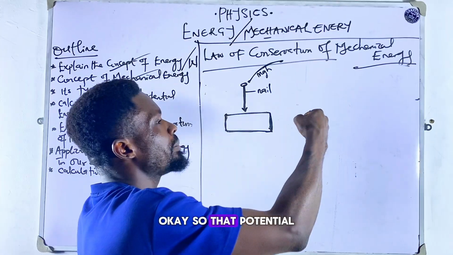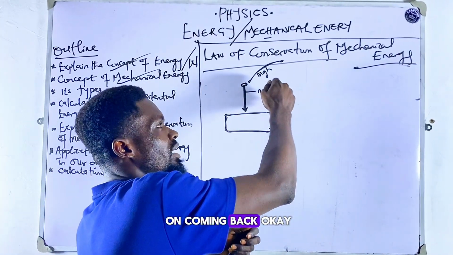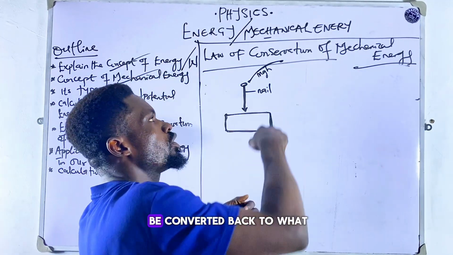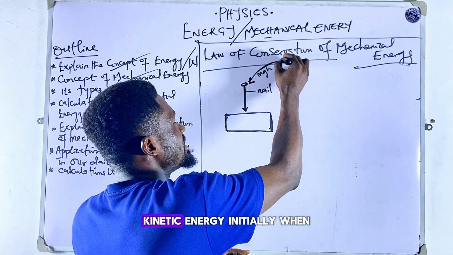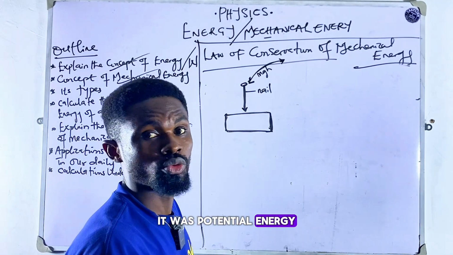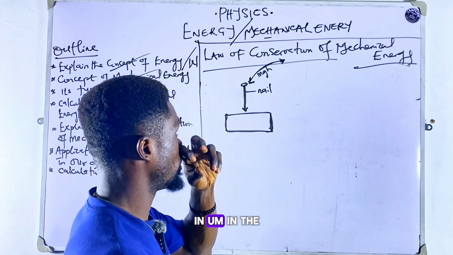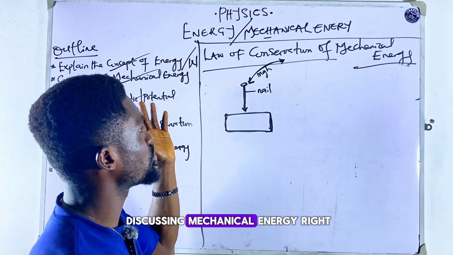On coming back, the potential energy will be converted back to kinetic energy. Initially, when you were raising it, it was potential energy, which I've already explained in the previous class when I was discussing mechanical energy, right?